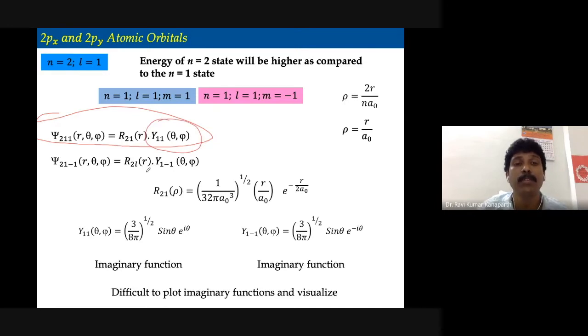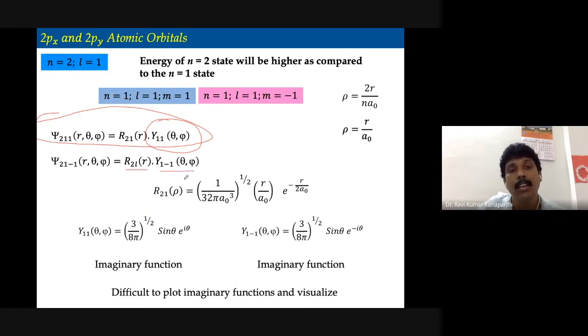Please remember, when you talk about the 2p, in each case the radial function remains the same. What is varying is basically the spherical harmonics. So R21 in the case of this orbital is also the same as in the previous case. What is different is the spherical harmonics.